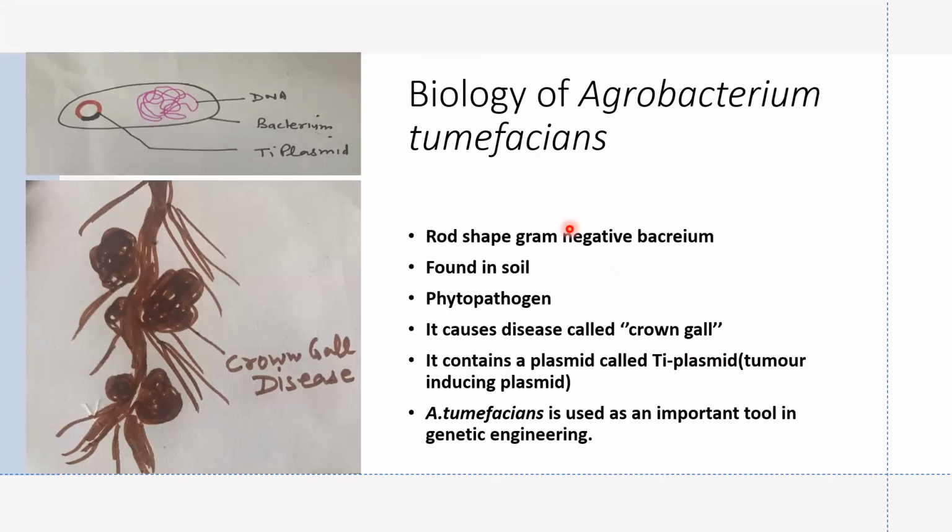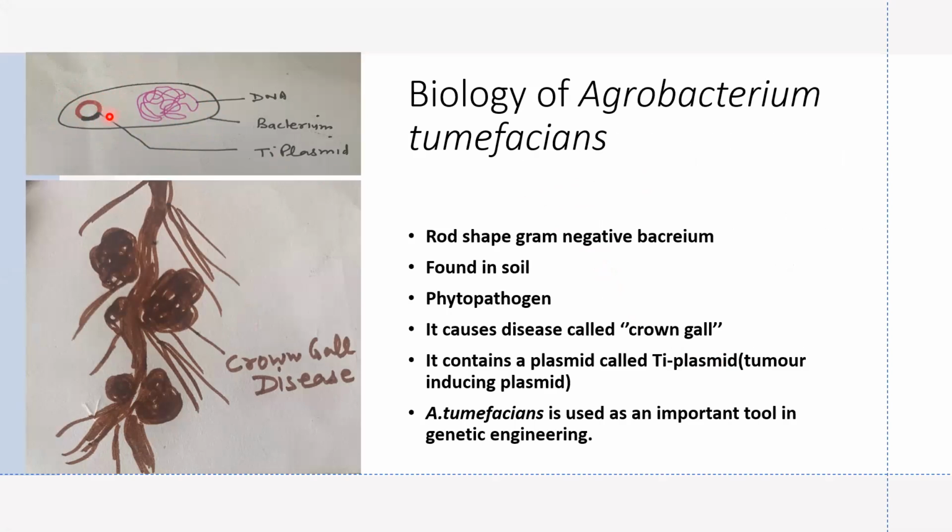First, we will study the structure of Agrobacterium tumefaciens. This is a rod-shaped bacterium which is found in the soil, and this causes disease in many dicot plants, and this disease is called crown gall disease. Now, this is the genetic material or DNA of the bacteria, and this is the plasmid, which is present in the bacterium.